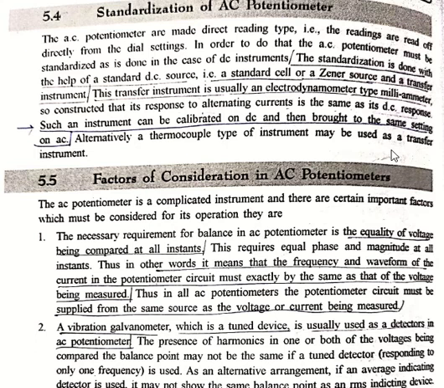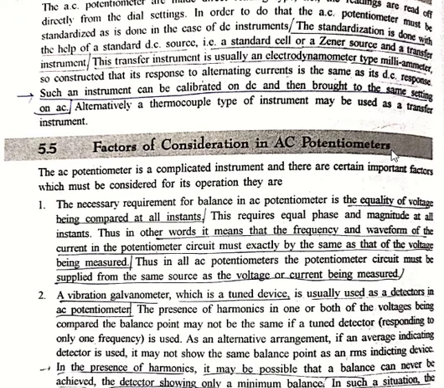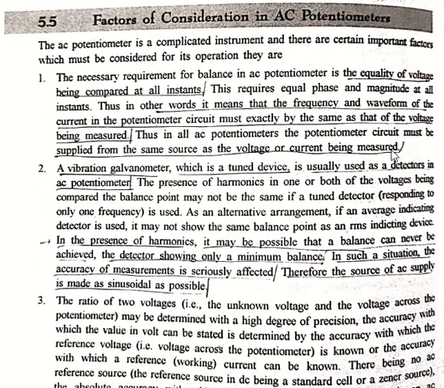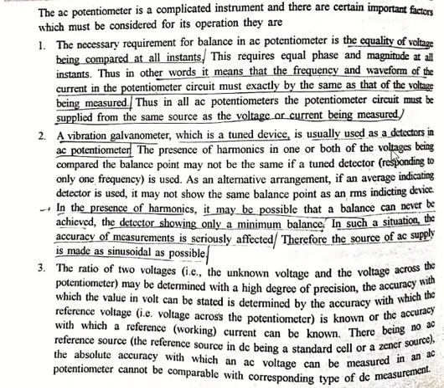So now, what are the factors that need to be considered when we are measuring AC using AC potentiometers? Here they are, the following factors. The first one is the necessary requirement for the balance of AC potentiometer: the equality of the voltages that are being compared at all instants.